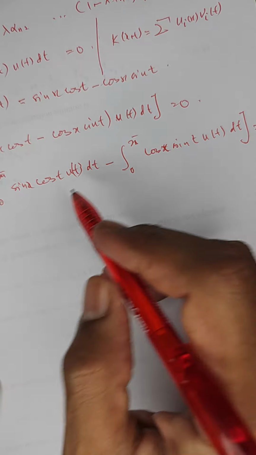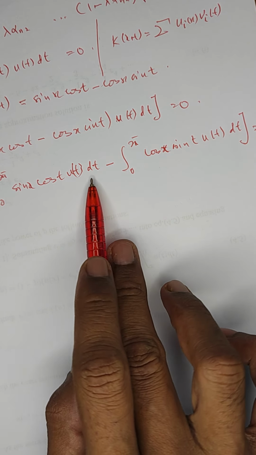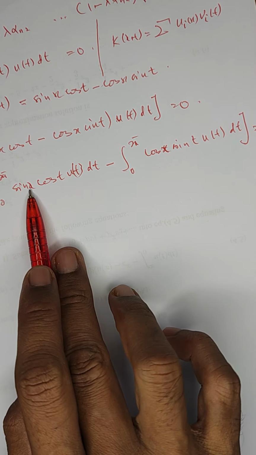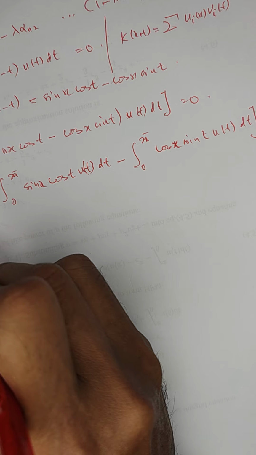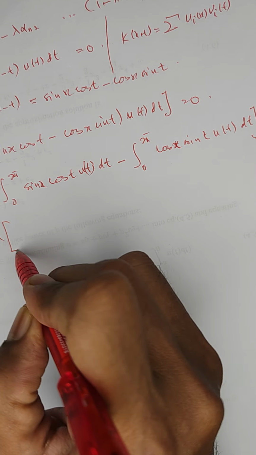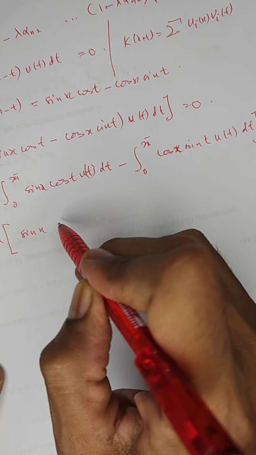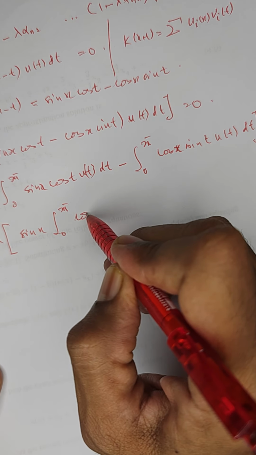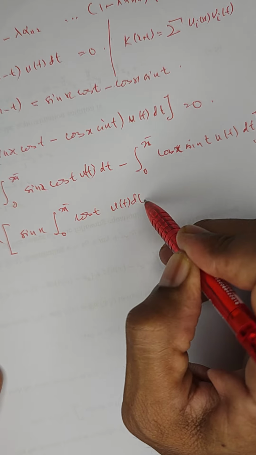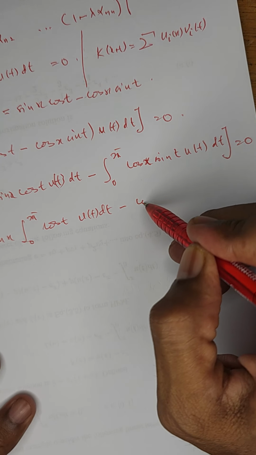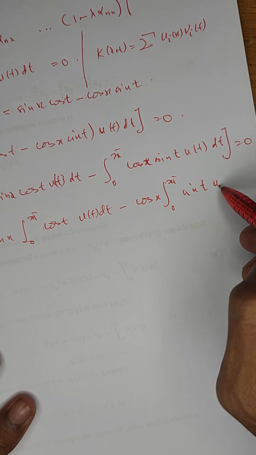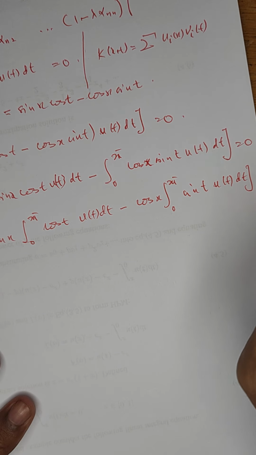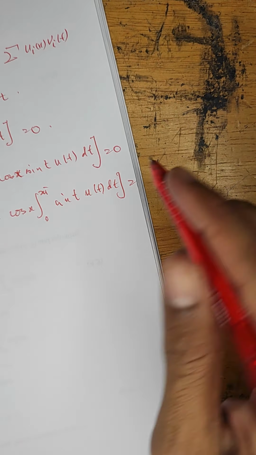Then I can write this as u(x) minus lambda, we can factor out lambda, integral from 0 to 2 pi of sin x cos t u(t) dt minus integral from 0 to 2 pi of cos x sin t u(t) dt equal to 0. If you look here, we integrate with respect to t, which means the function of x we can factor out. So we have u(x) minus lambda, sin x integral from 0 to 2 pi of cos t u(t) dt minus cos x integral from 0 to 2 pi of sin t u(t) dt, that equal to 0.